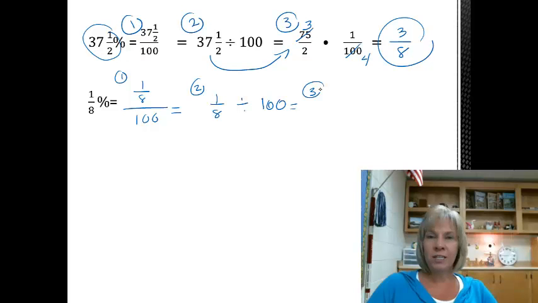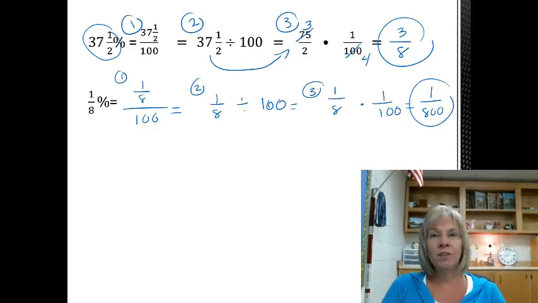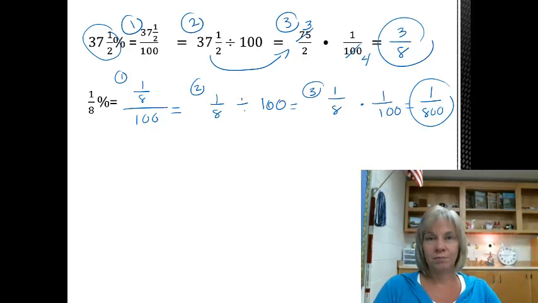And third step, our actual division times our reciprocal. So this ends up being 1 over 800. That would be a very small amount, wouldn't it? If you have 1/8 of a percent of a pizza, that's not very much pizza.